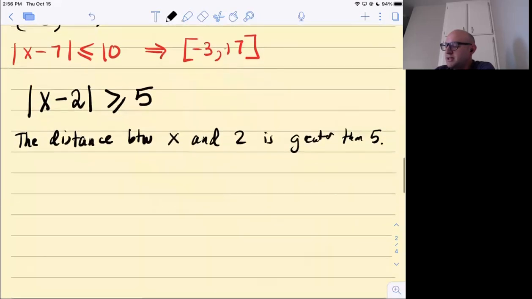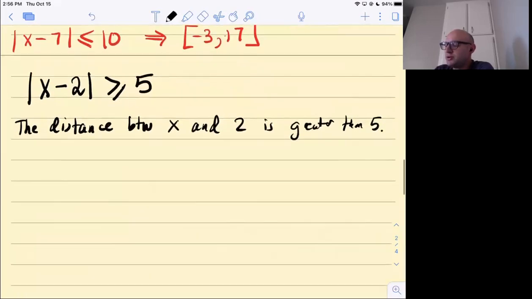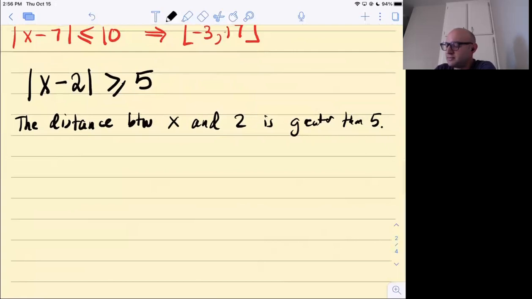So does that mean that we want to be really close to the number 2 or further away from it? If I was to graph it, here's 2. Where do I want to hang out? Nice, I want to be further away from it, right?